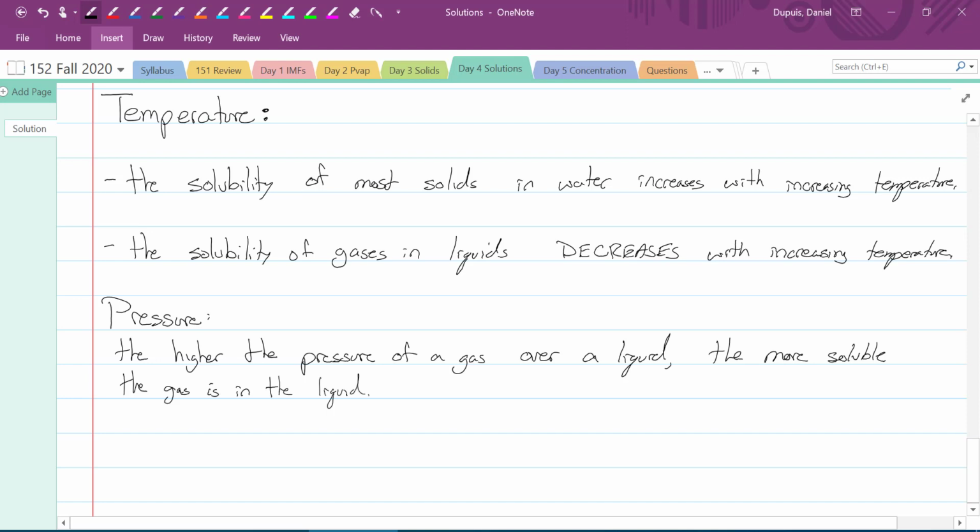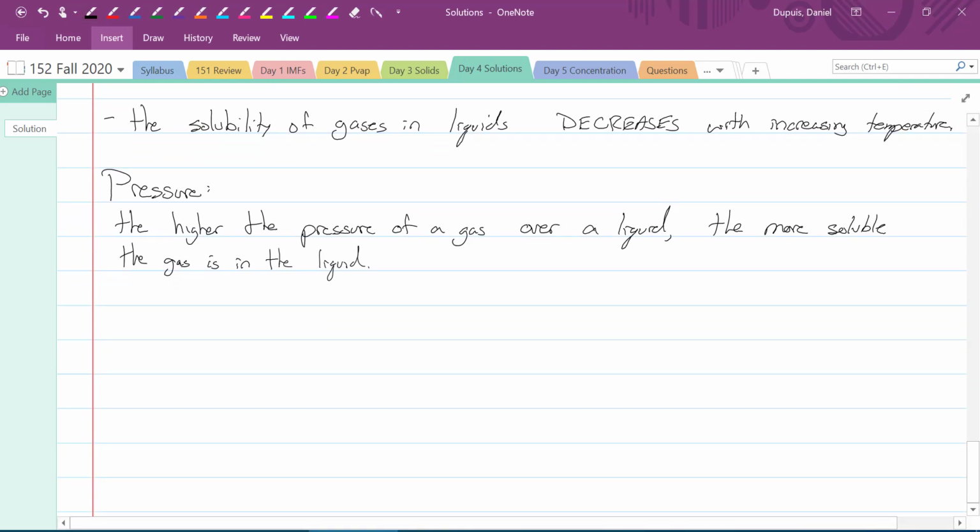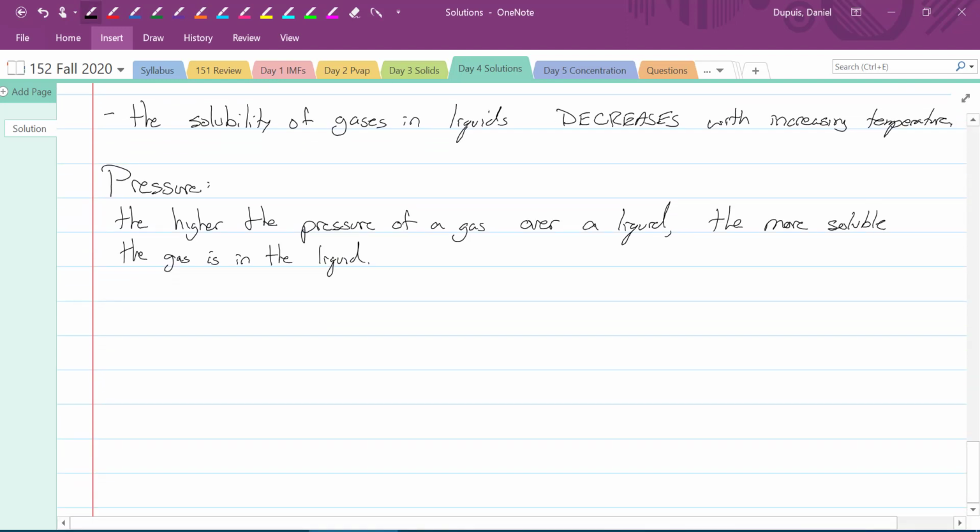This is how soft drinks are bottled. You can tell if a soft drink's fresh because you open it and you hear that tss. It's bottled under higher pressure of carbon dioxide. So Henry's law.